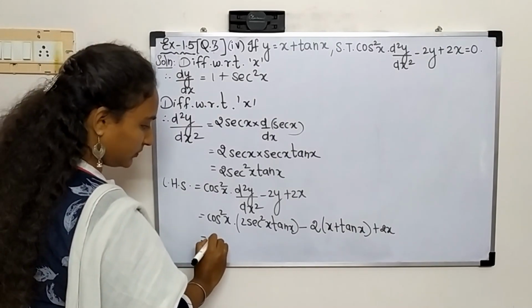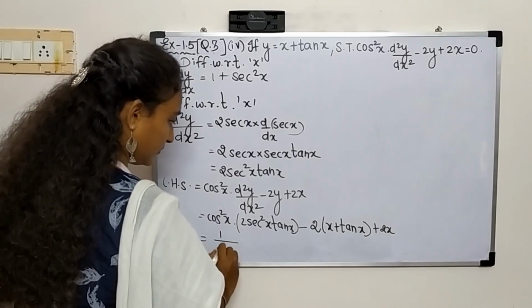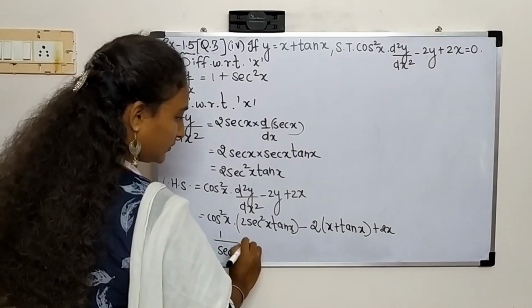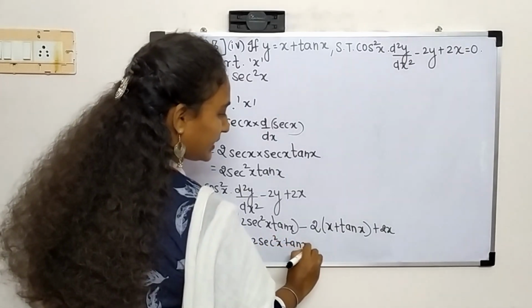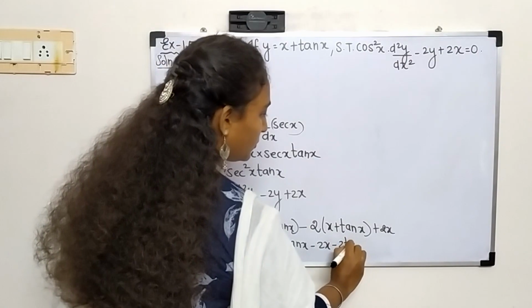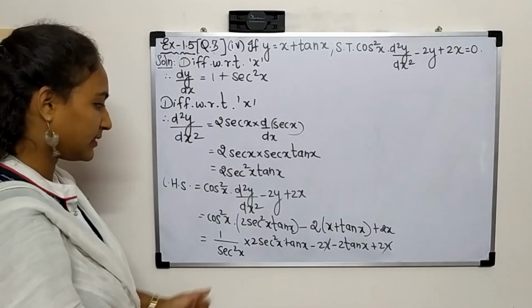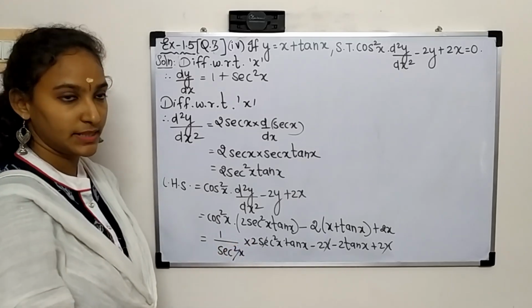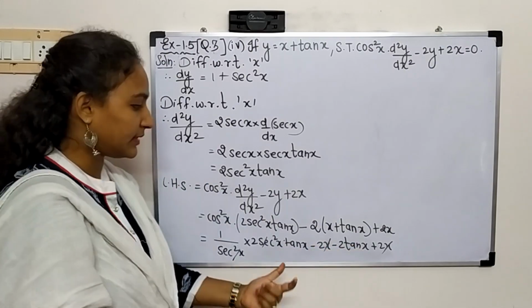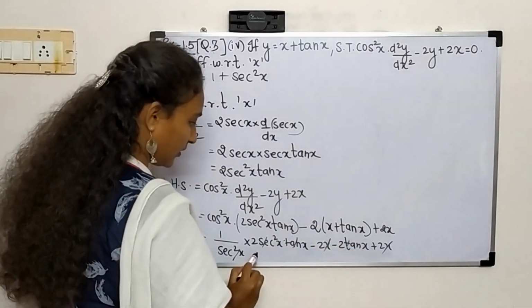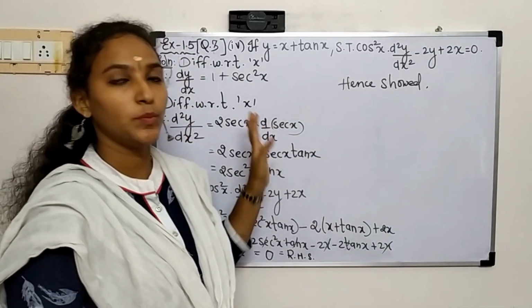So this is equal to cos square x, which can be written as 1 upon sec square x, into 2 sec square x tan x, minus 2x minus 2 tan x plus 2x. 2x and 2x will get cancelled. Sec square x will get cancelled with sec square x. So we are left with 2 tan x minus 2 tan x, that will again get cancelled. So we are left with only 0. Okay. Hence showed. Hope the solution is clear.